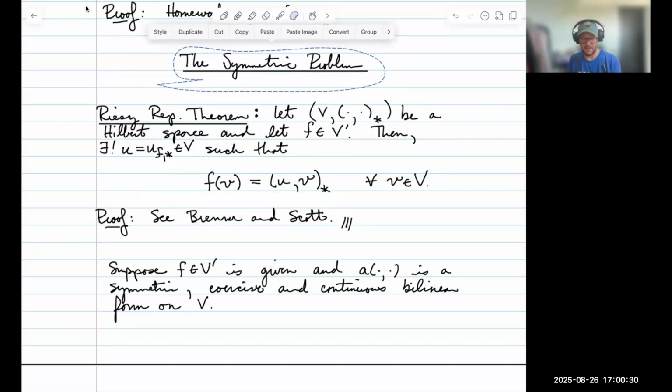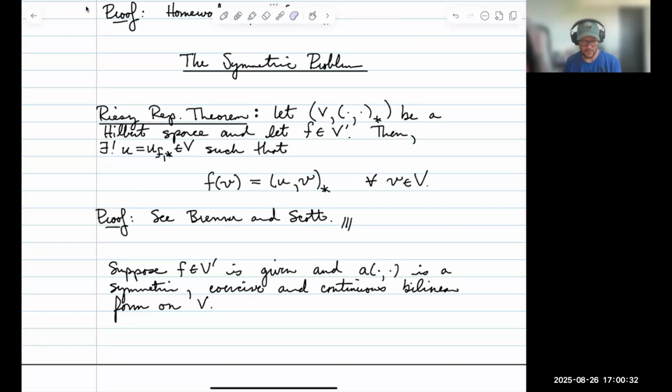So now I want to talk about the symmetric problem, and to do that, we're going to use the Riesz representation theorem. How many of you have heard of this? Show me a show of hands. Okay, so some of you have heard about Lax-Milgram, some of you Riesz representation.